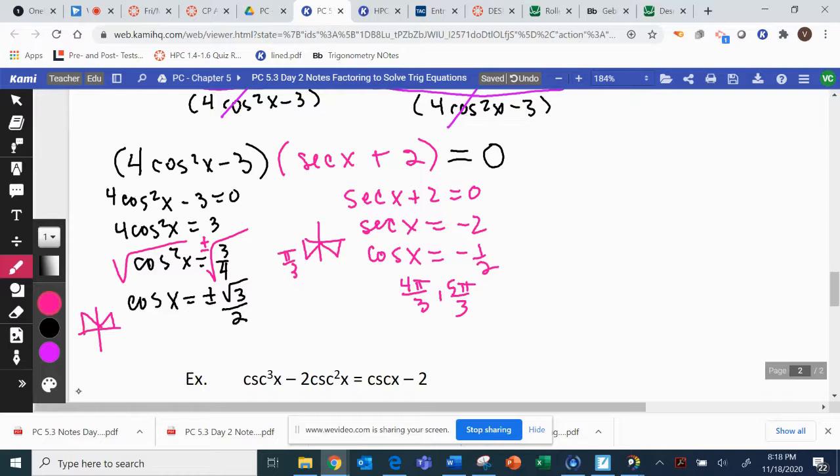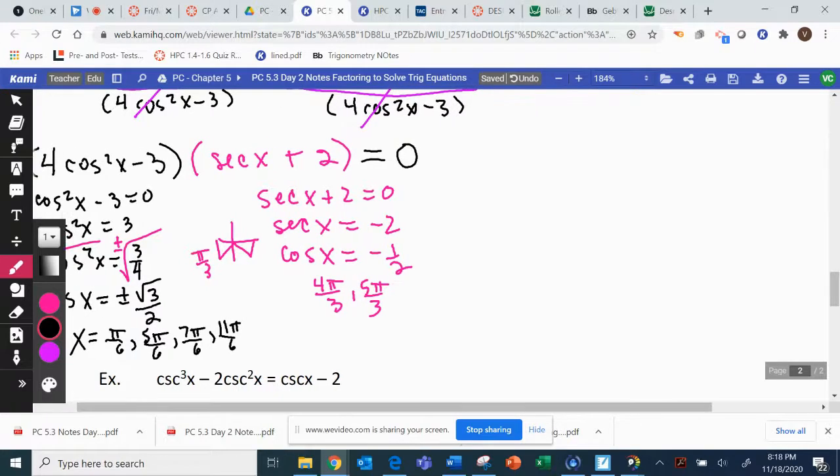It's a plus minus, so it'll be in all 4 quadrants. And we'll have a reference angle of 30 degrees, which is pi over 6. So we'll have pi over 6, 5 pi over 6, 7 pi over 6, and 11 pi over 6. So we're going to combine all those answers and put them in order.